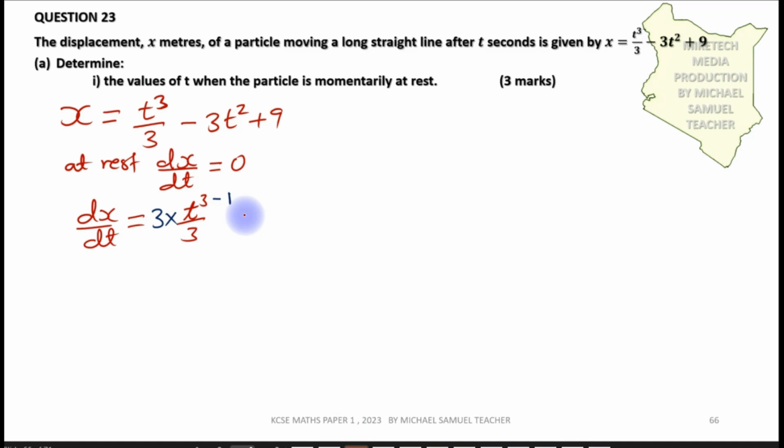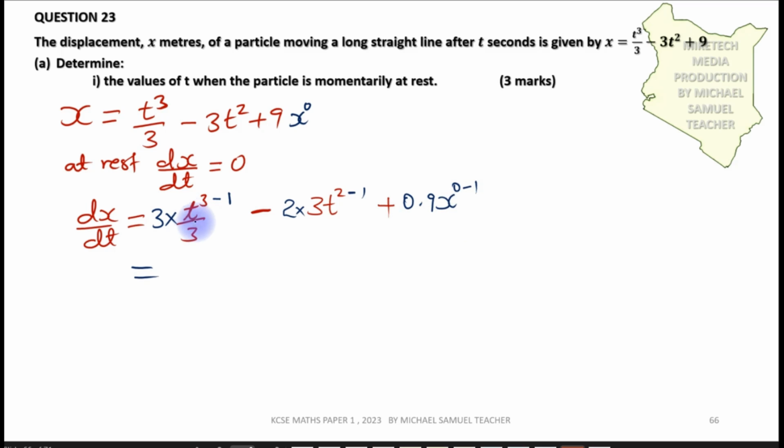Then minus the other one, we have 3t squared, so we multiply by the power, so times 2, and then we reduce the power by 1. Lastly, plus 9, this is the same as 9 times x raised to 0, so that will be 0 times 9 times x raised to 0 minus 1. So everything multiplied by 0 is 0.